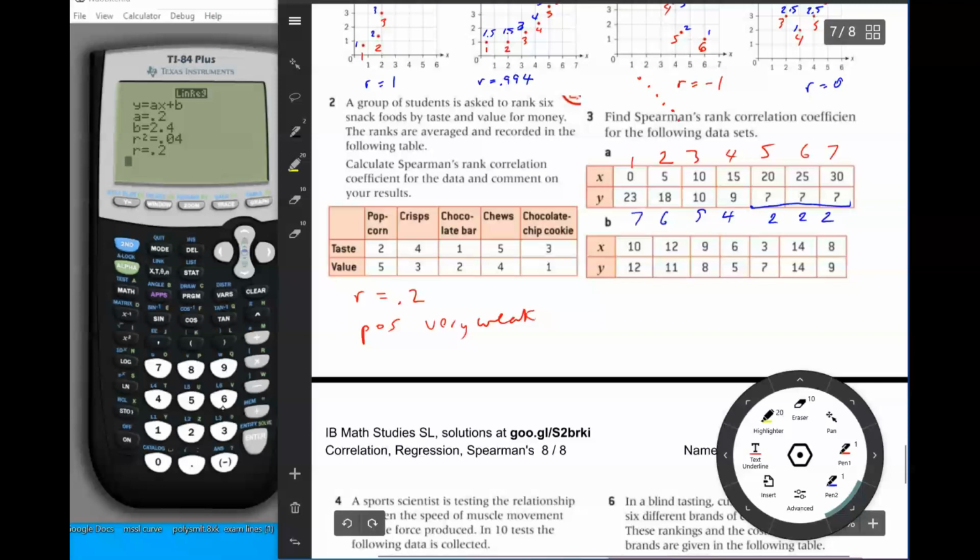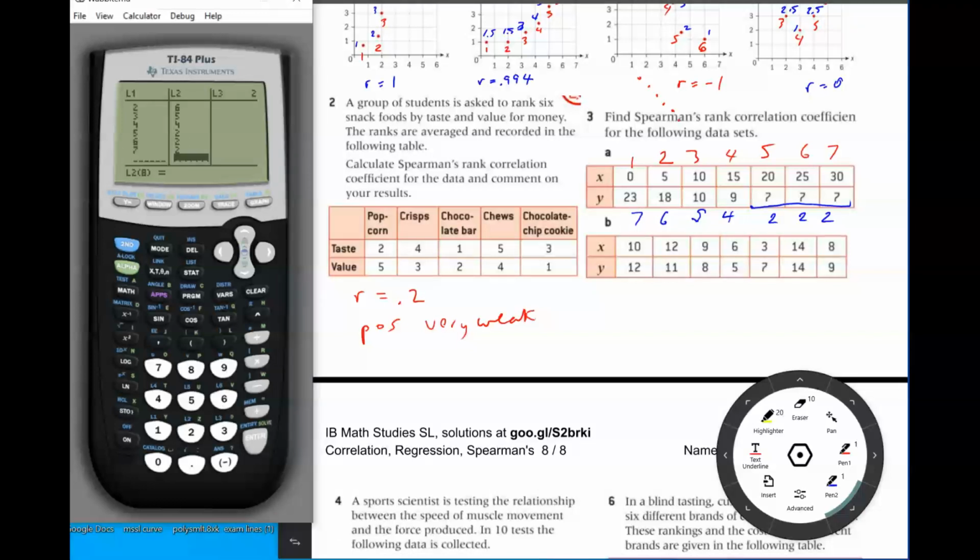Okay, and then we're going to input 1, 7, 2, 6, 3, 5 into the calculator, and I'll do that offline so I don't bore you. So there you go, and just a hint, to clear all the data in list 1 or list 2, just use the button clear, don't use delete. So now all we need to do is do stat calc linreg, and go to calculate, and then we should check the R value here.